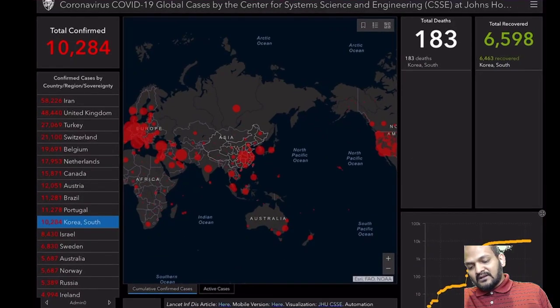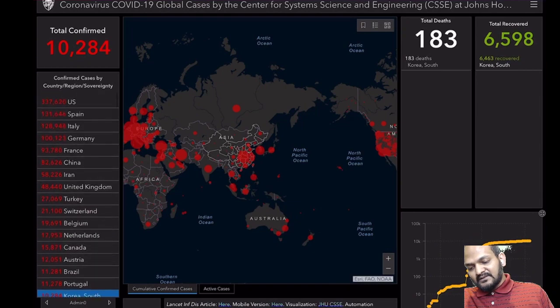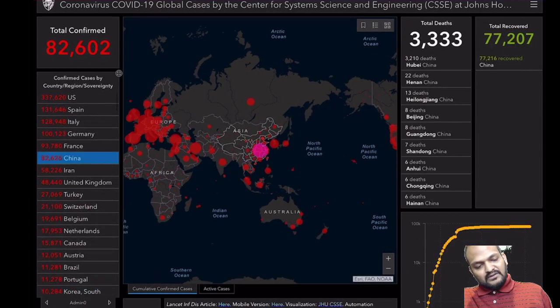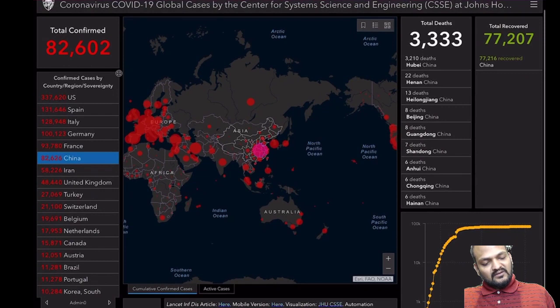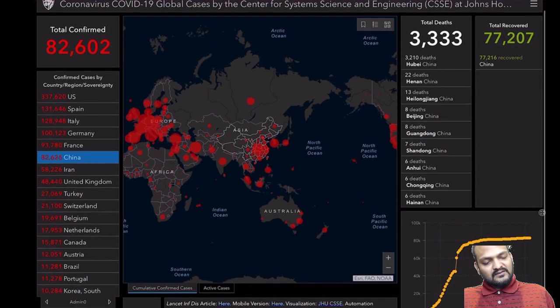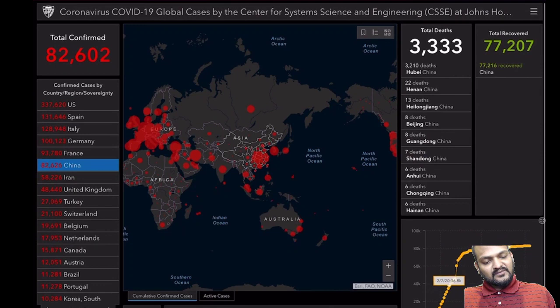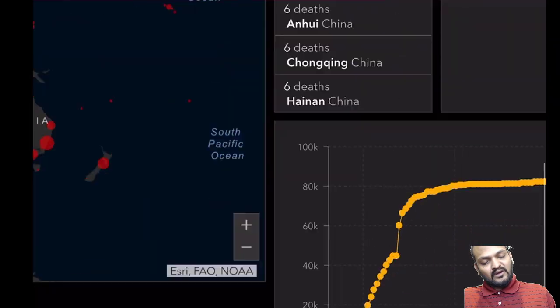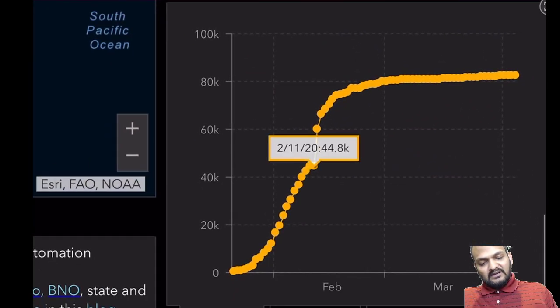Let's see how things are in China. Even in China, they are saying it reached the peak and has now pretty much slowed down. Let's take a look at the daily increase. There is some sort of anomaly here, and I don't know what's going on in this particular region.